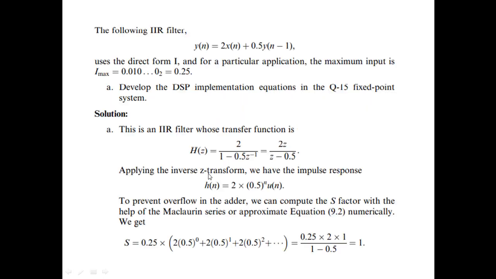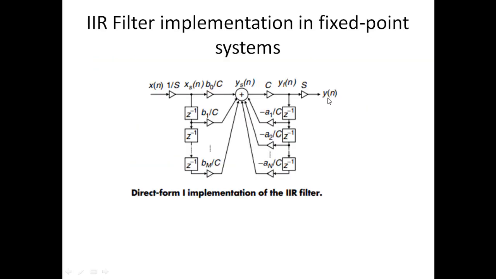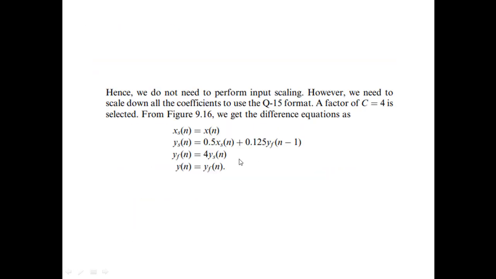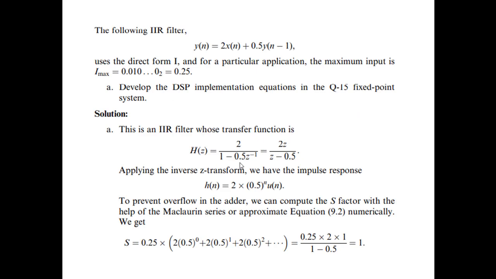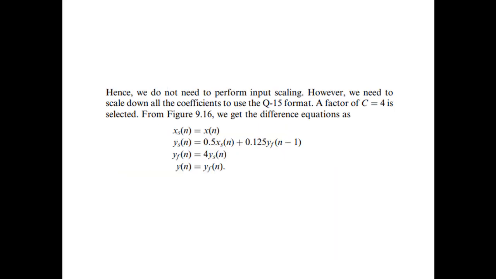Now what is y of n? Y of n is s times yf of n. But s is 1, we did not do any scale down operation. So y of n is yf of n. So this is the Q15, the DSP implementation equation in terms of Q15 fixed point format.